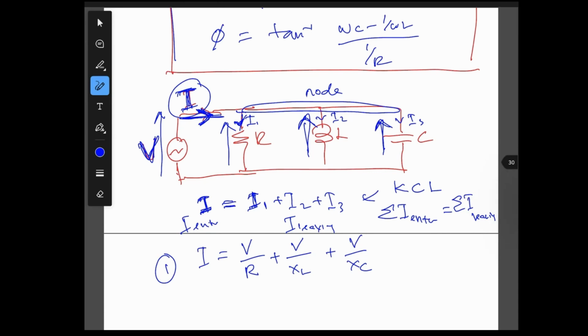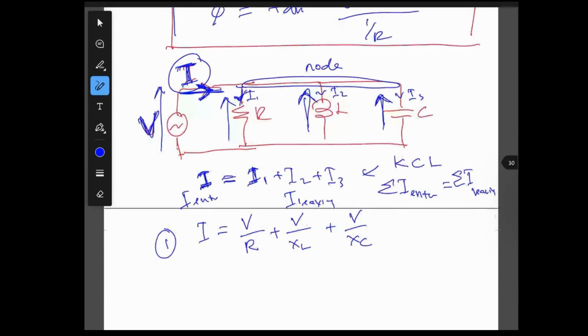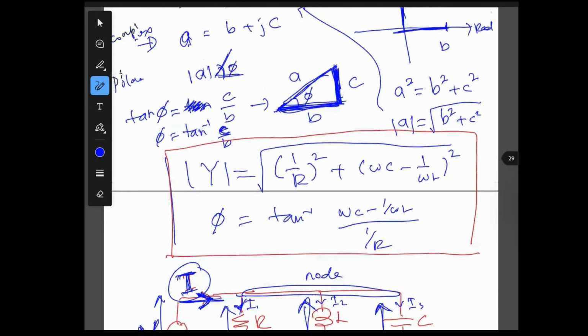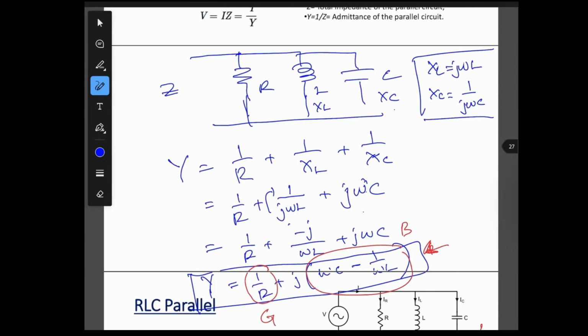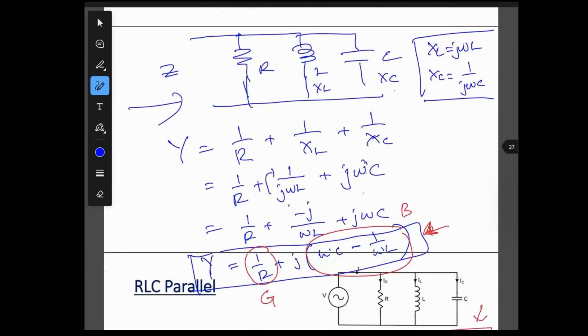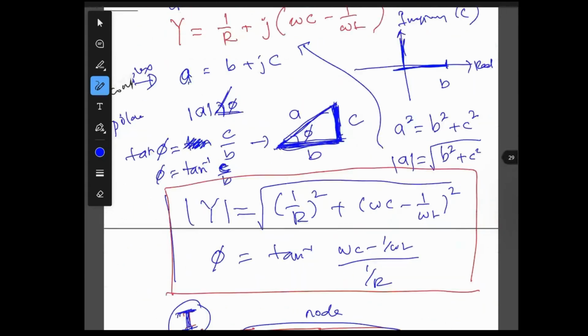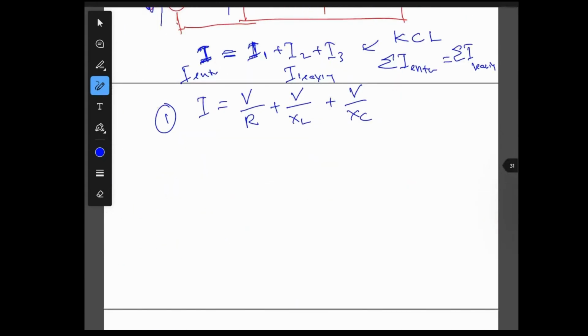The second method is we can use admittance. We sum all the resistor, inductor, and capacitor. This is the voltage.